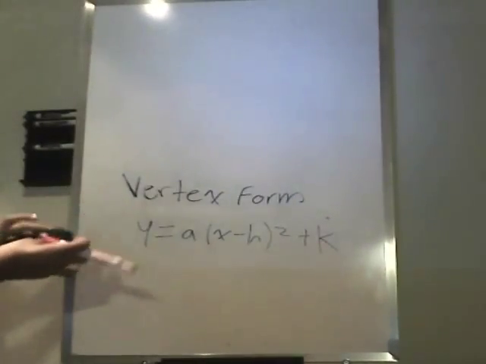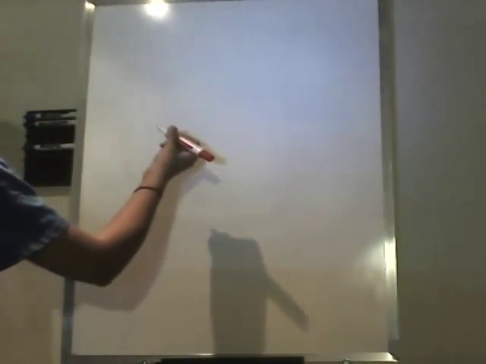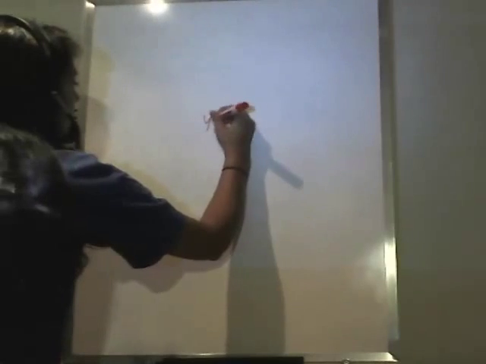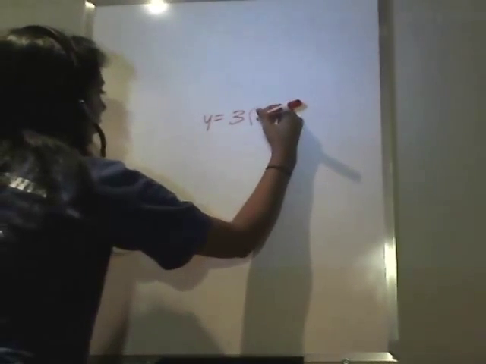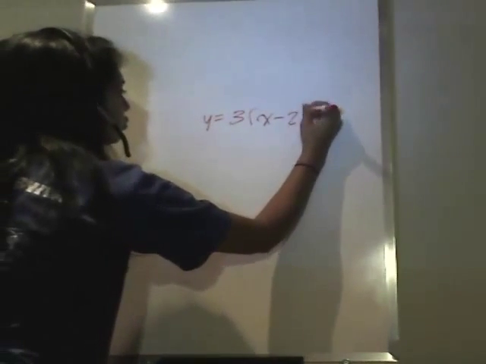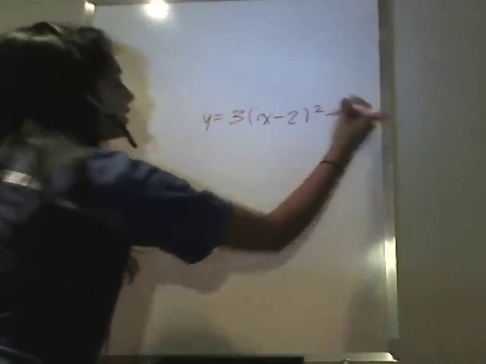There's going to be one equation you surely need to help you solve other equations. For example, you just can't solve 3 times (x minus 2) squared minus 8 just like that.